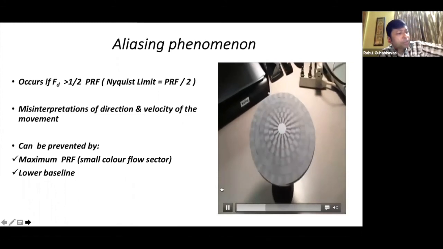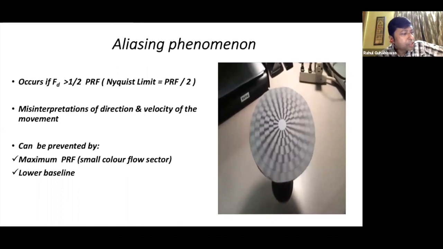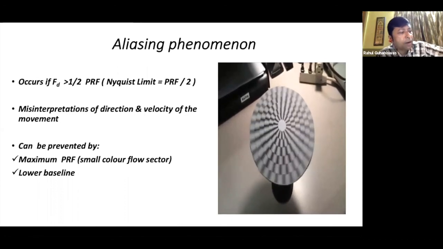This brings us to the phenomenon of aliasing, which happens in pulsed wave Doppler mode when the velocity of blood at the area of interrogation is beyond a particular limit known as the Nyquist limit. The Nyquist velocity limit is equal to half of the pulse repetition frequency.